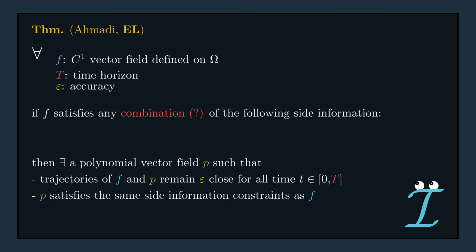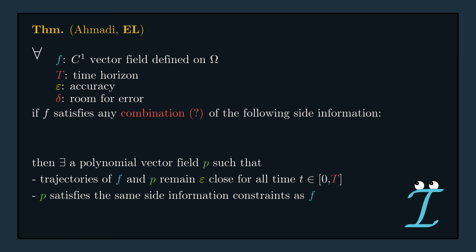What if f does not satisfy just a single side information, but a combination of side information? Can I still get the guarantee that there exists such a polynomial vector field P? Well, in general, we prove that polynomials might fail to satisfy some specific combination of side information.